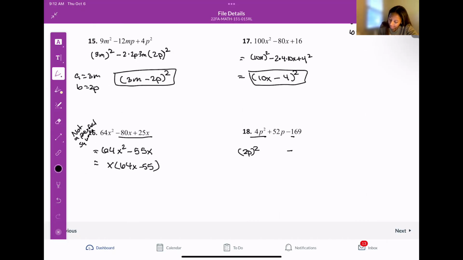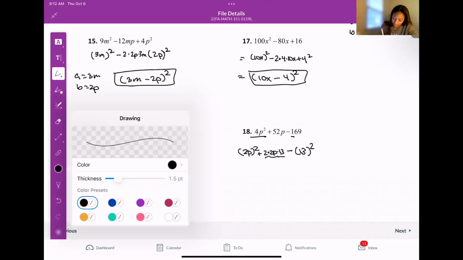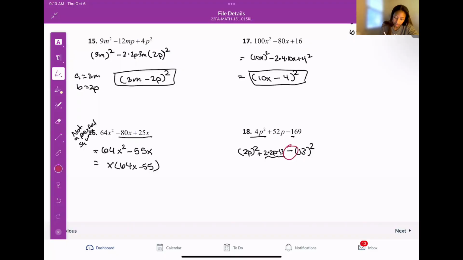So this is minus 13 squared, and then plus 2 times, does this work? Yeah, 2 times 2p times 13. That actually does work in the middle, but because this last term is being subtracted, this is not a perfect square trinomial.